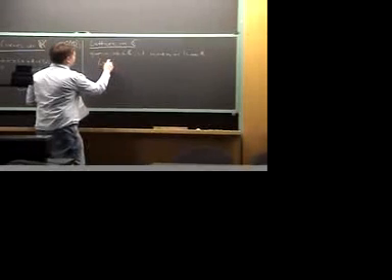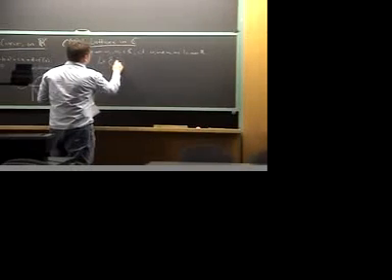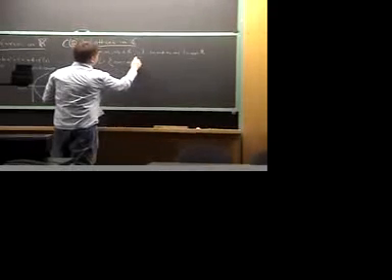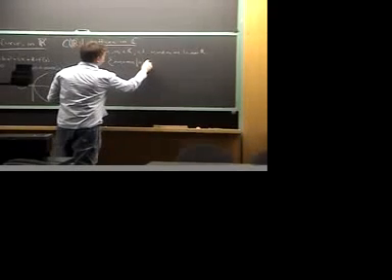The lattice L is the set of all n omega 1 plus m omega 2, such that n and m are integers.